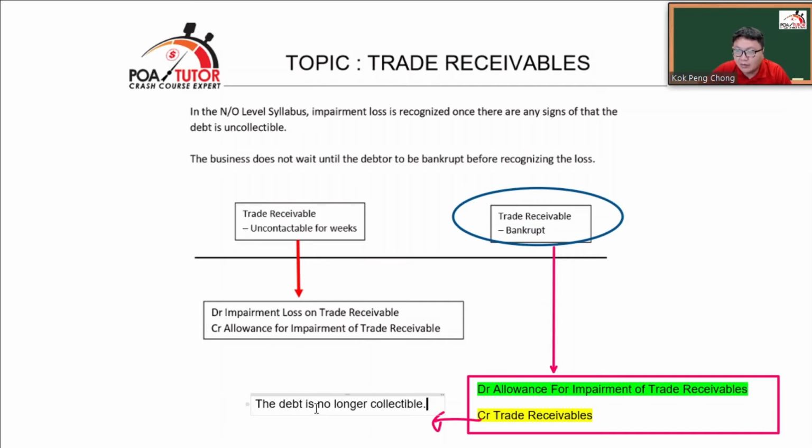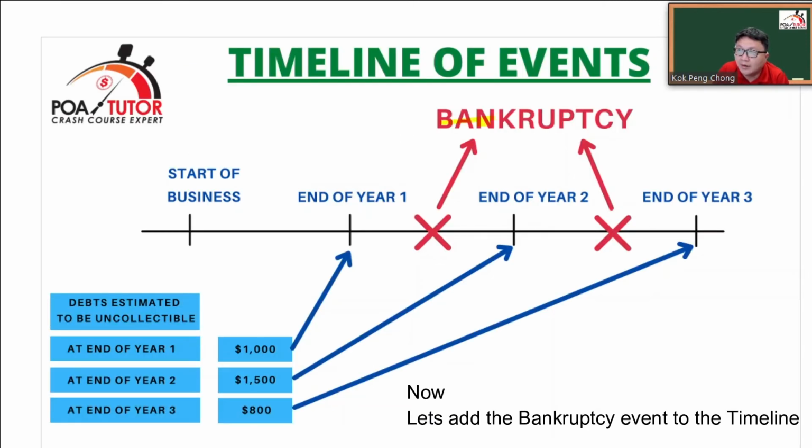Let me highlight in yellow. As for allowance, we debit allowance because the possible loss has become a confirmed loss.